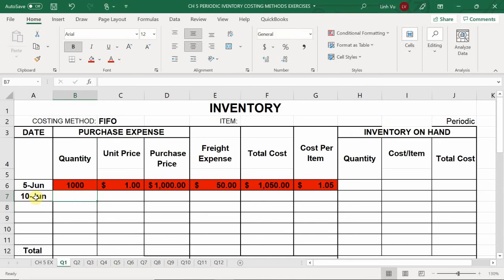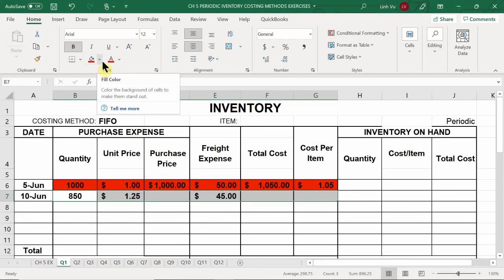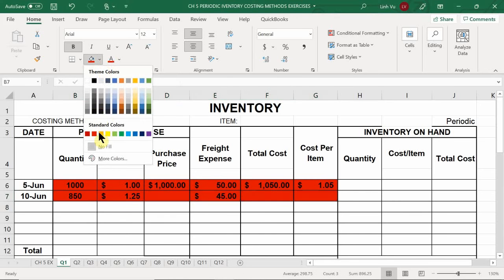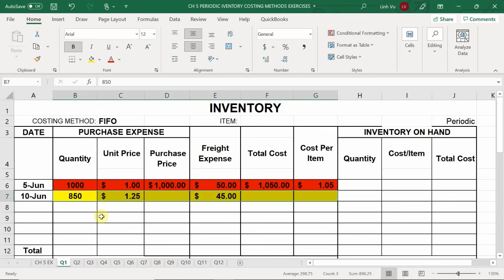Right, June 10, 850 at $1.25 with a freight of 45. Okay. I'm going to make this one yellow so we can see this one. Okay.